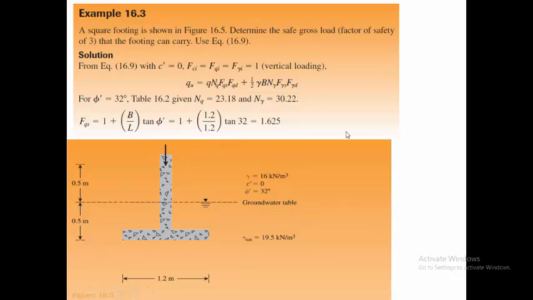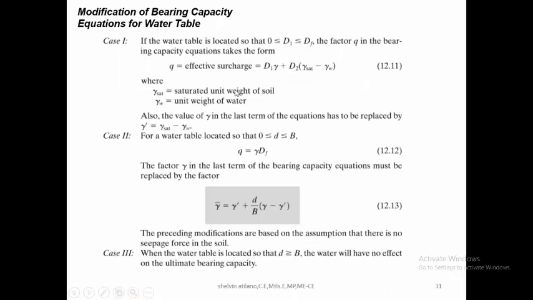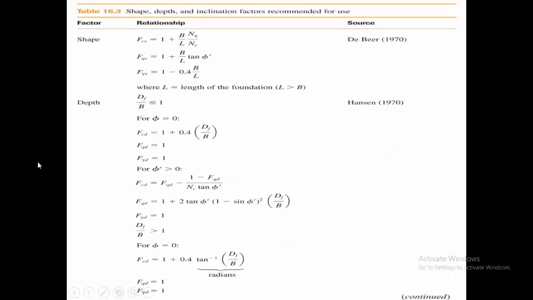Then what else do we need? We have already FQS. What is FQD? FQD is the depth factor. What is our phi?